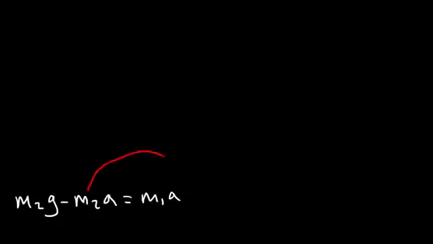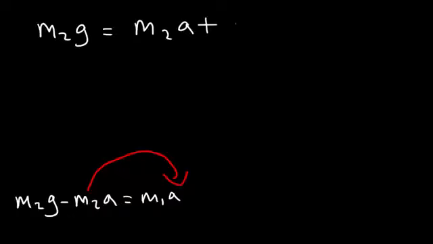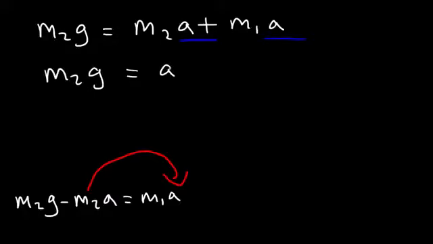Now let's take this term and move it to that side. So m2g is equal to m2a plus m1a. Now our next step is to factor the GCF, the greatest common factor, which is a. So m2g is equal to a times m2 plus m1.